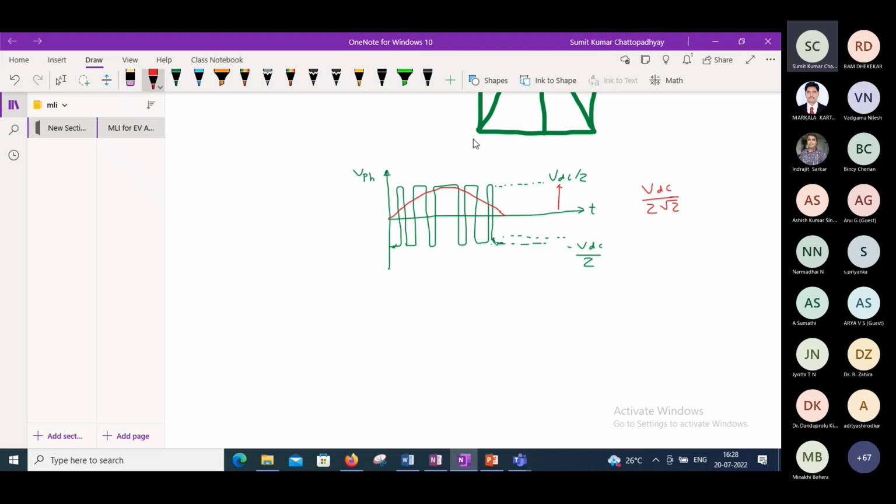If we directly compare a sinusoidal voltage to a PWM voltage, in one case it was VDC by 2, and for sinusoidal it is VDC by 2 root 2. So from here we can say, approximately, the eddy current loss is going to be double, irrespective of the core, for the PWM voltage, if you compare it with its corresponding fundamental component.